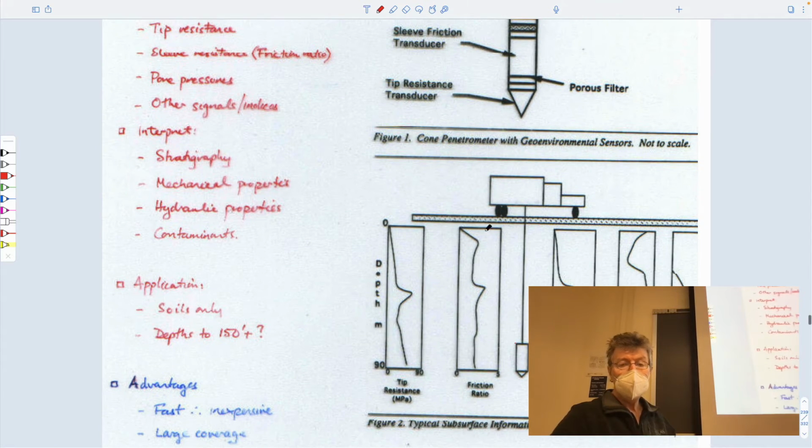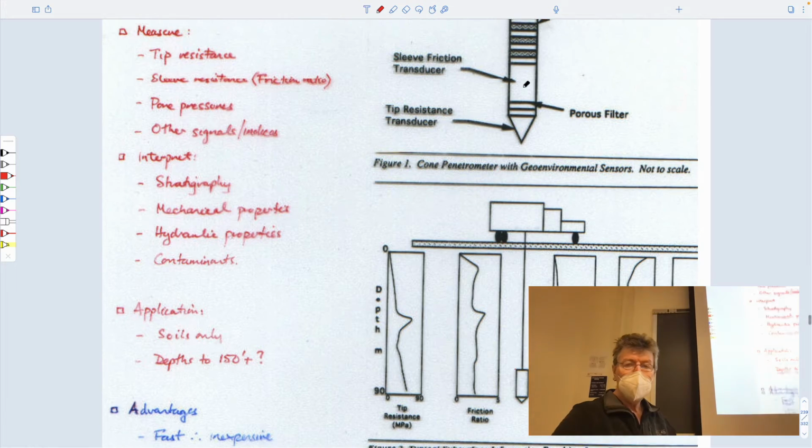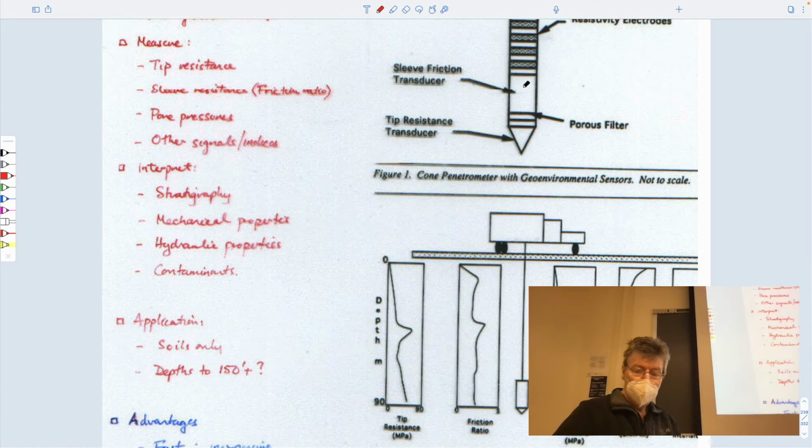So as you push it into the ground, you get a continuous record of the forces that are applied and the pore pressure. The tip resistance would be the resistance to this cone going in. The friction ratio would be the sleeve friction that would be applied on the side of this sleeve as a continuous profile. And the pore pressure that you measure here would be a continuous profile of this.